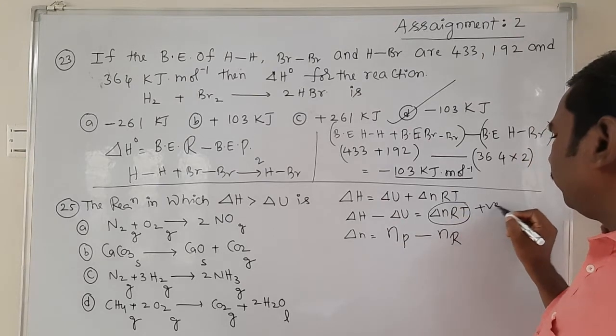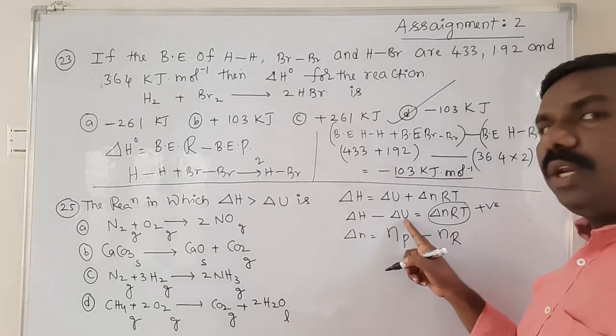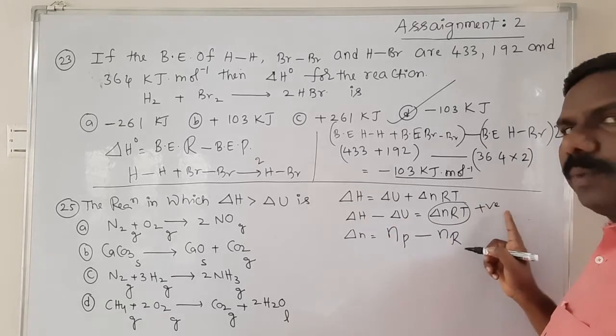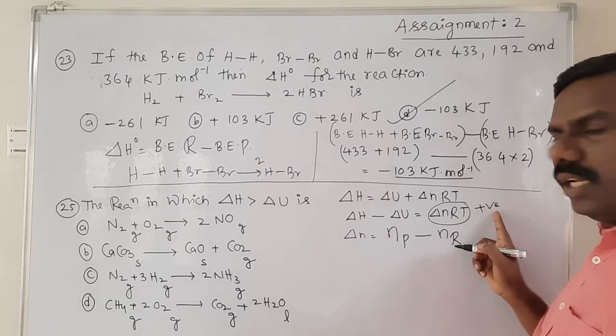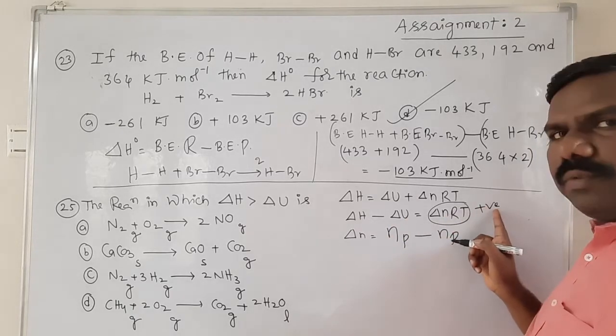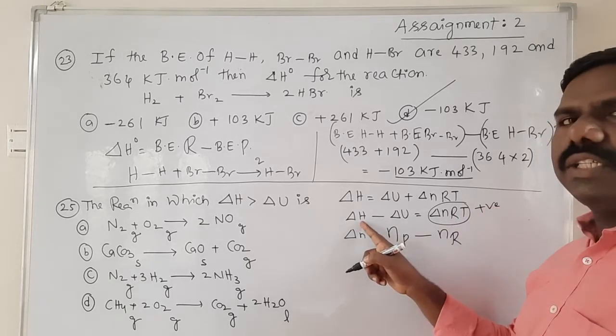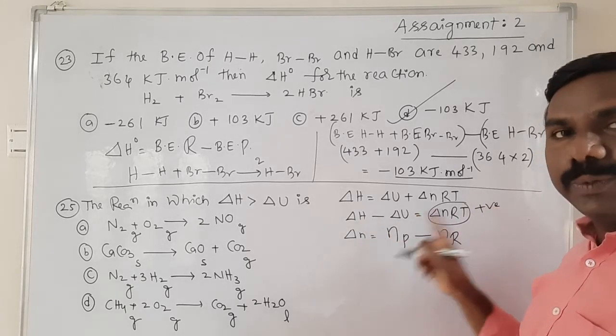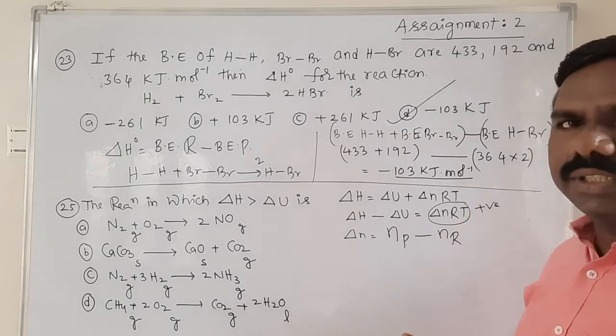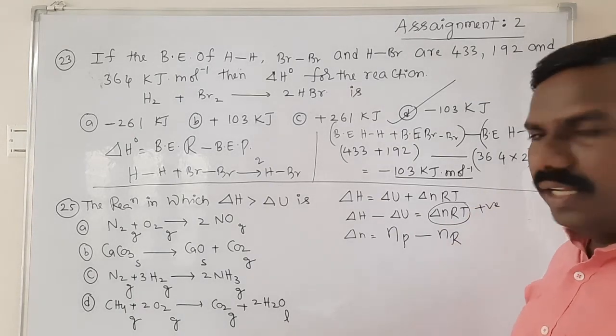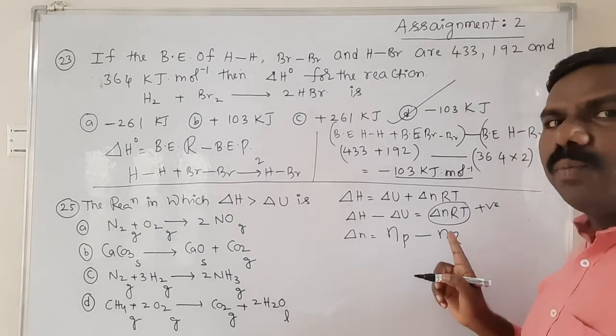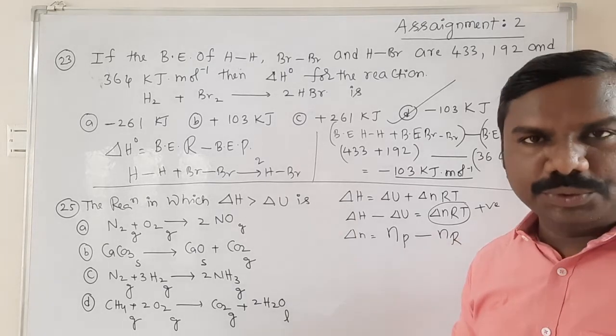To get a delta n positive value, then only delta H will be higher than delta U. We want positive delta n. It means product moles minus reactant moles must be positive.